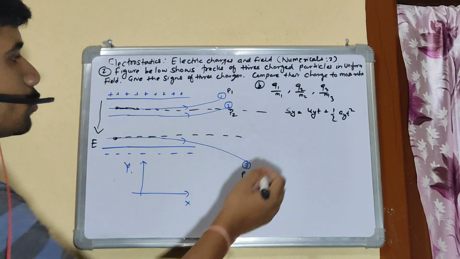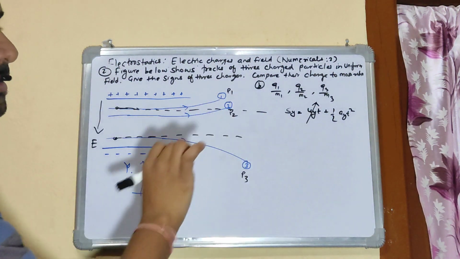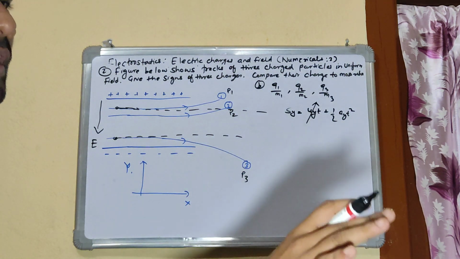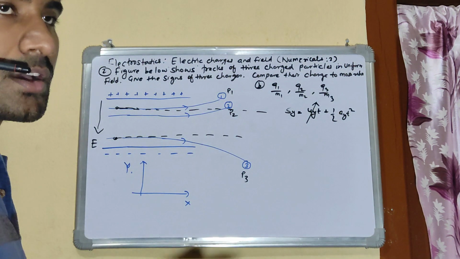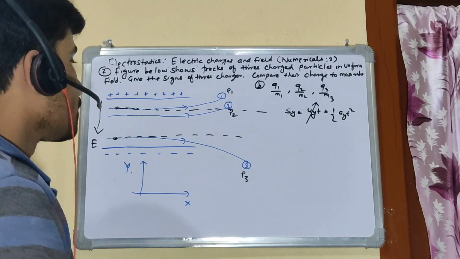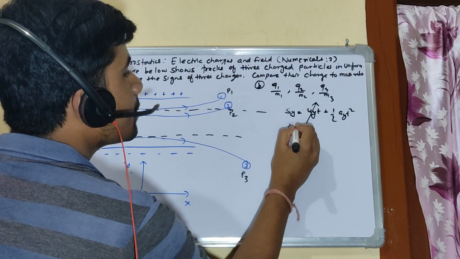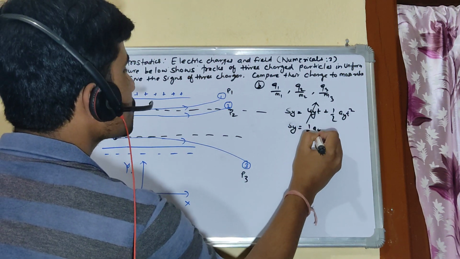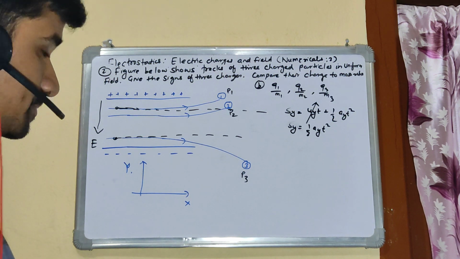Uy is 0, because I started the velocity in the x direction. There is no velocity given in the y direction, so whatever velocity it acquires is because of the forces acting on it. So Sy will be half ay t square.